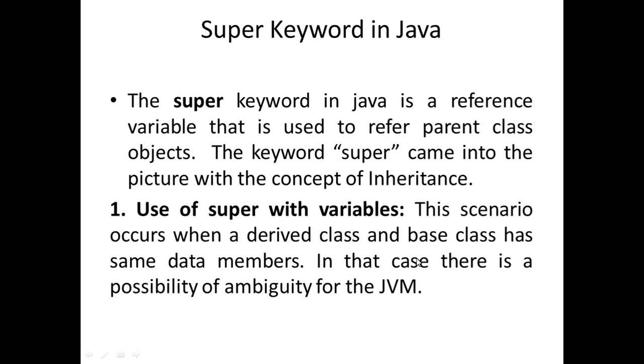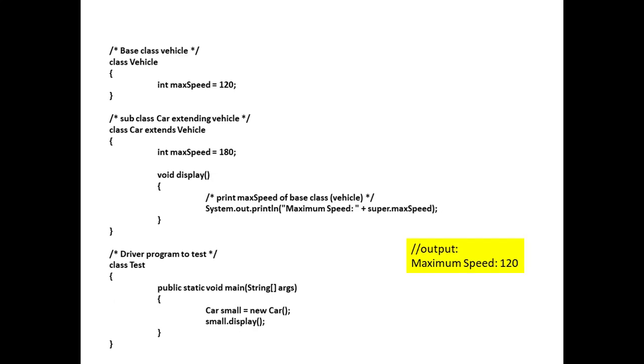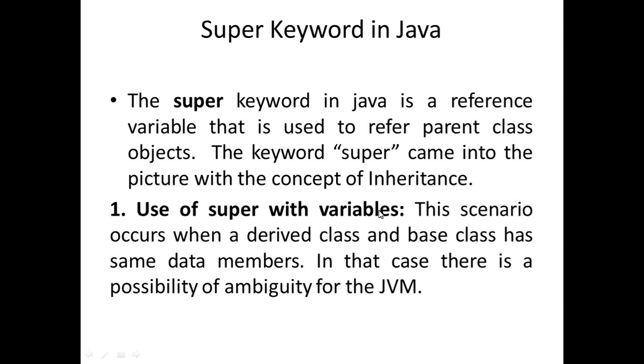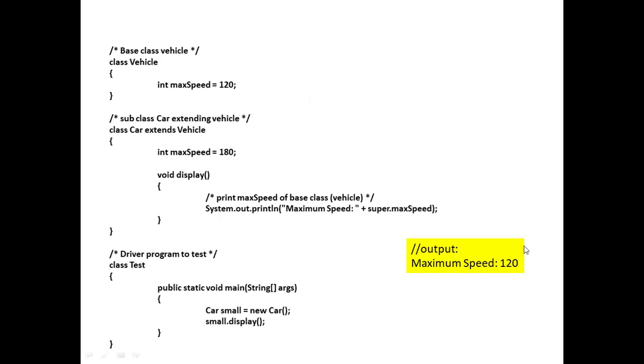In that case, there is a possibility of ambiguity for the JVM. In this example, I have a vehicle class with max speed 120, and a car class which extends vehicle with maximum speed 180. In the display function I have super.maxSpeed. The super keyword in Java is a reference variable used to refer to the parent class object, so super.maxSpeed is the max speed declared in the superclass. The output shows 120.